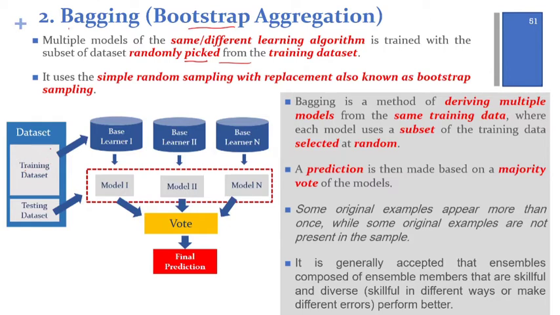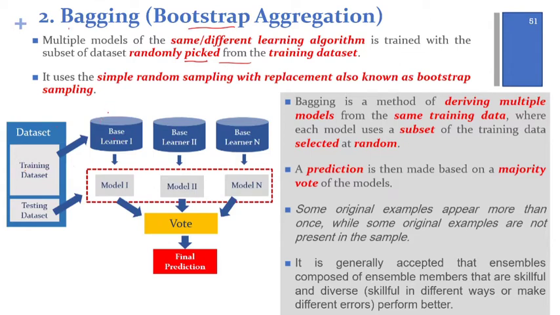Although we are using the same training set, each base learner will be getting a different resample of that same data. We resample it with replacement, which means that a particular sample could be repeated two or more times, while there could be samples that are not even selected.